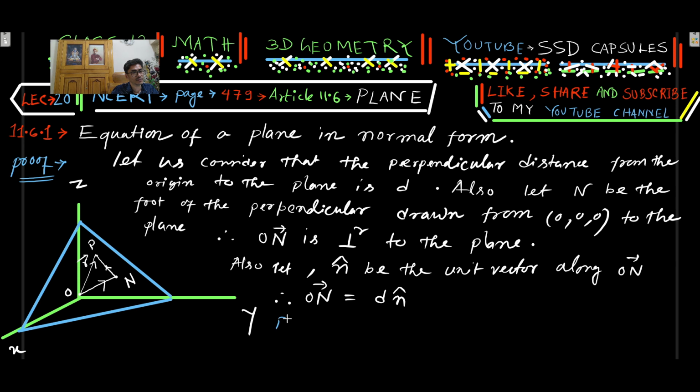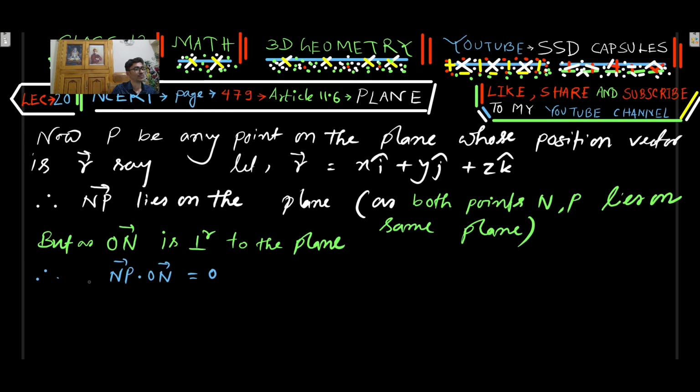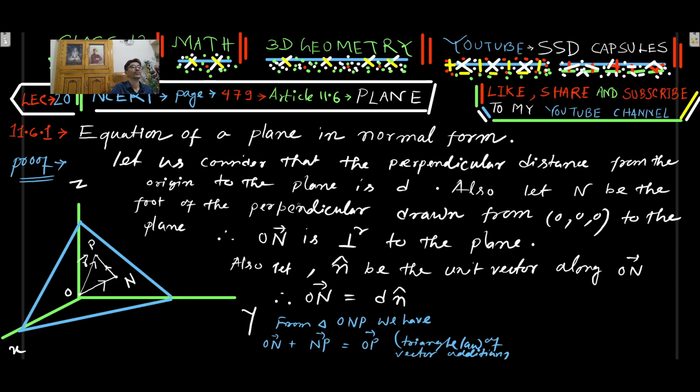From triangle ONP, we have ON vector plus NP vector equal to OP vector by triangle law of vector addition. So NP vector means OP vector minus ON vector. Therefore, NP vector equal to OP vector minus ON vector. See from this previous page.